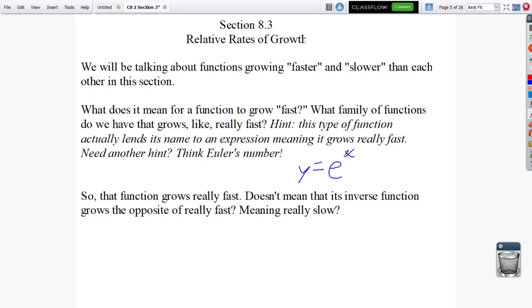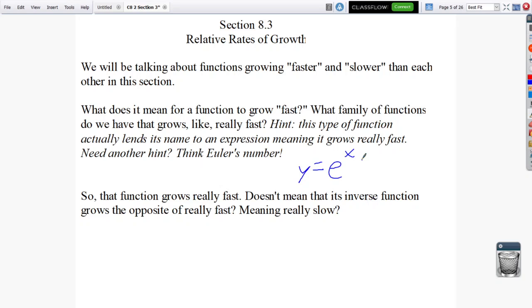So we just come up with this as our standard fast growing function. It grows really fast. Anything that grows faster than it, we say grows super fast. Anything that grows slower than it, we say it doesn't grow quite as fast as exponential, but it still could be fast if it's faster than the slowest growing, or what we call a slow growing function.